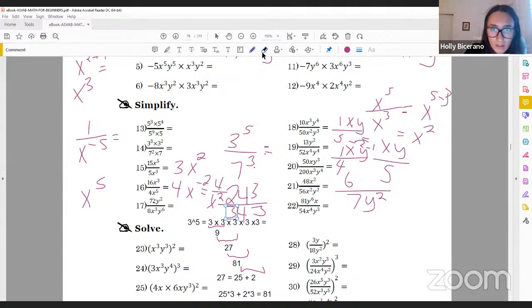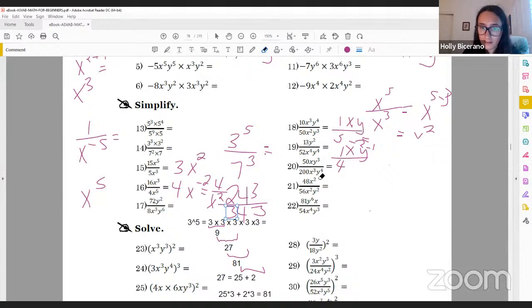And it's getting a little crowded on my worksheet. So give me a second to just erase this. Okay, that's better.